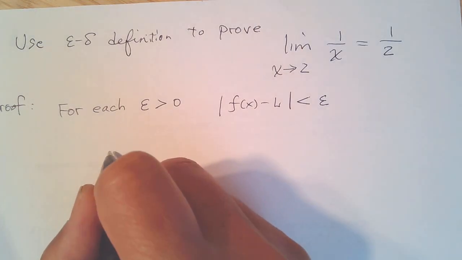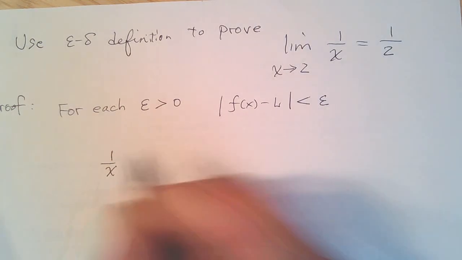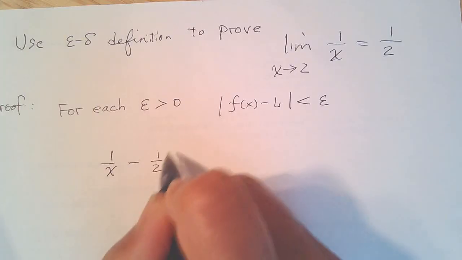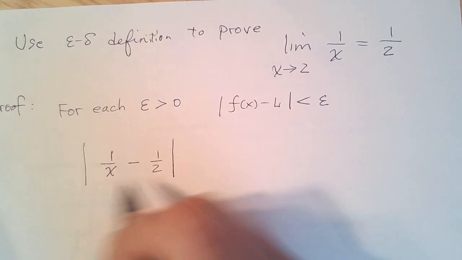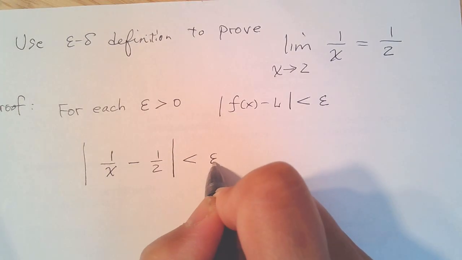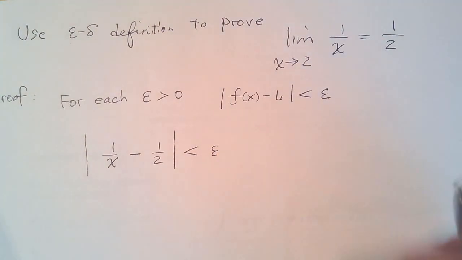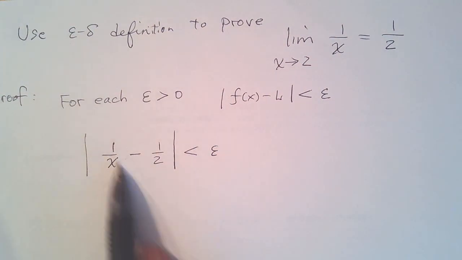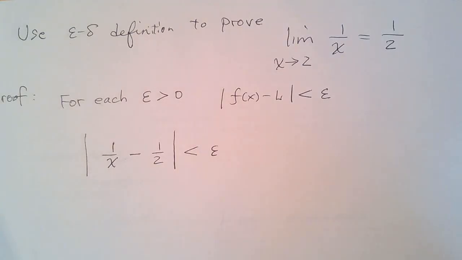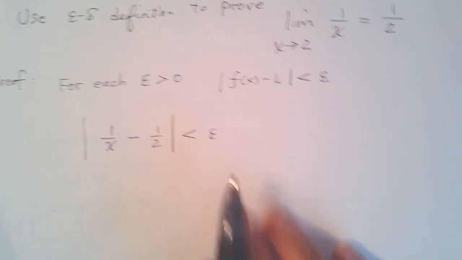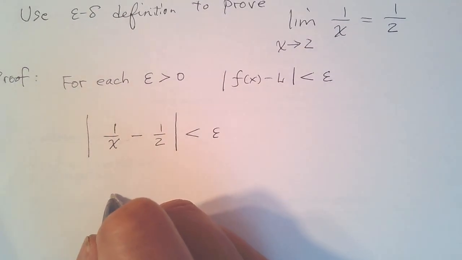So that is 1 over x, that's my function, minus the limit 1/2, absolute value less than epsilon. And I want to show that for each epsilon greater than 0, there exists a delta such that x is within 2 plus delta and 2 minus delta.